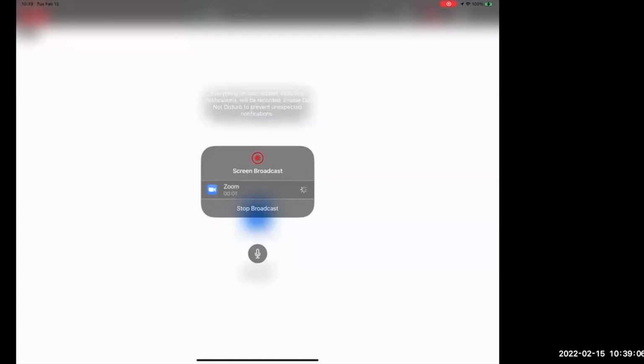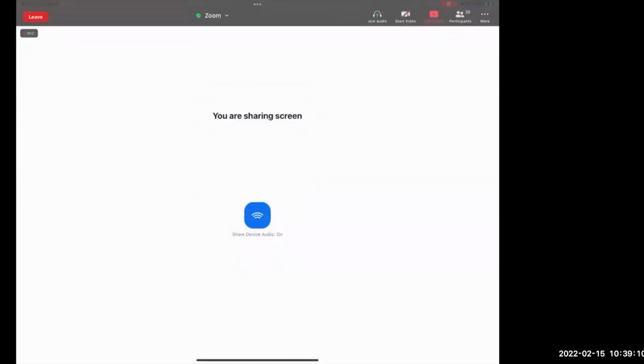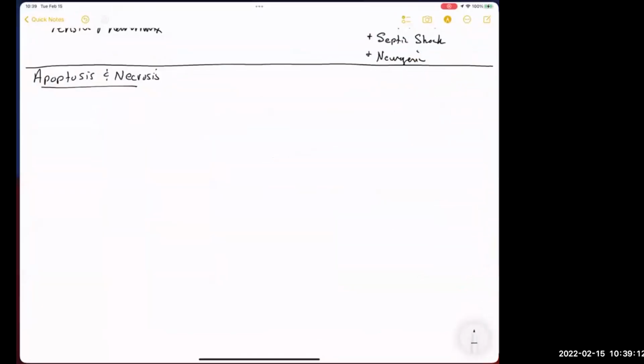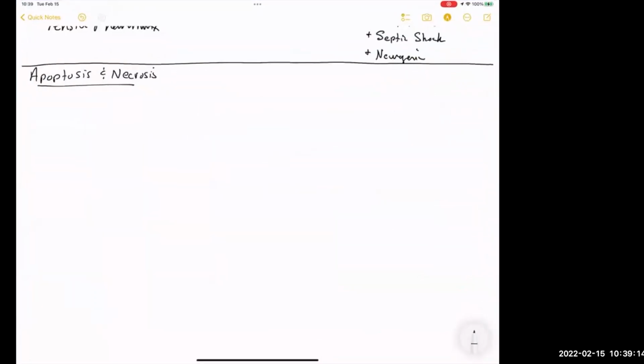So what I'm going to do is switch over to the screen here, and we will compare, contrast, differentiate, and talk a little bit about apoptosis and necrosis. All right, so apoptosis and necrosis. First of all, let's get an idea of what these are.